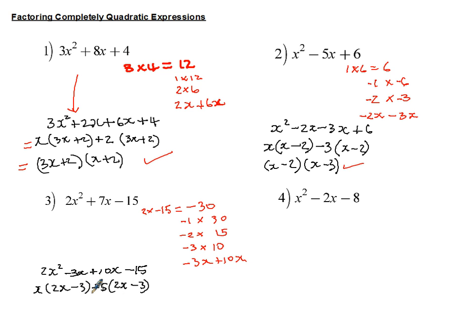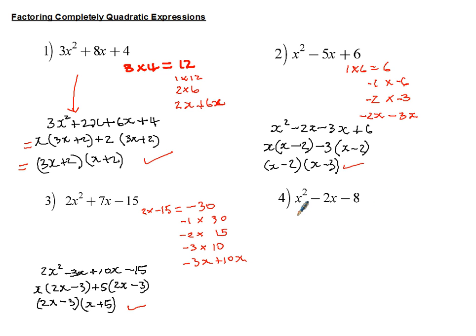So as you can see now, we have a common factor of 2x minus 3. So we factor it out, 2x minus 3, and the other factor is going to be x plus 5, and there you have it. The product, which means we're factorizing.